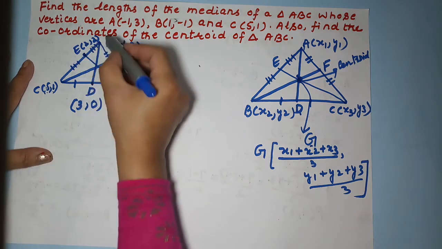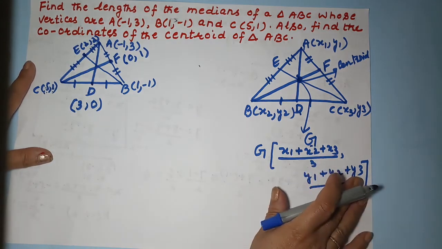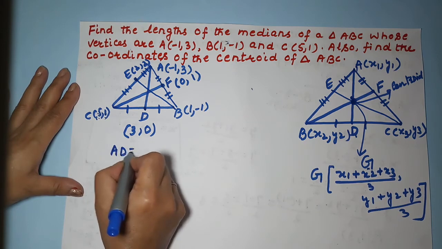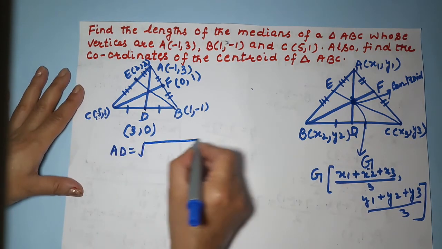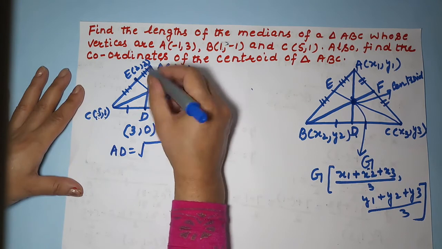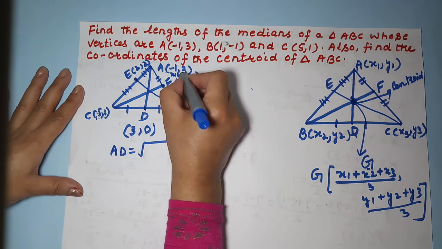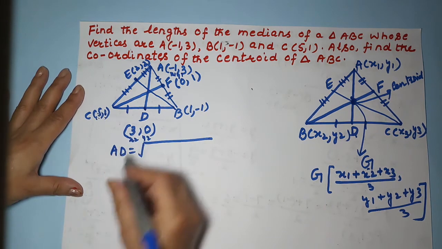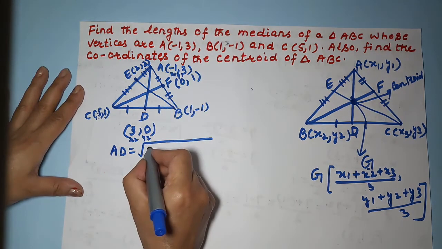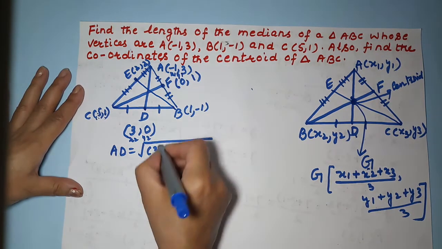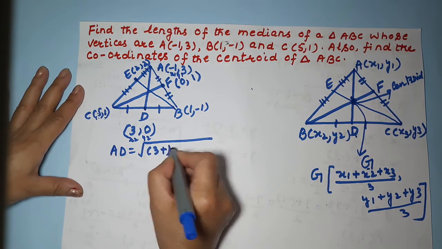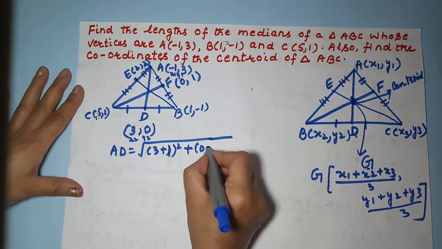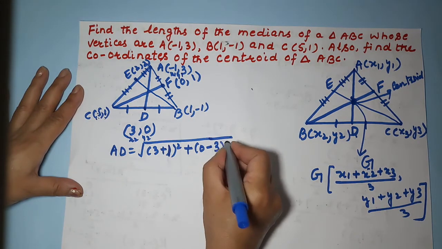Now it's easy for me to calculate the lengths of these medians. How? I can calculate the length of AD by the distance formula. Now if you consider AD, this becomes x1, this becomes y1, this becomes x2, and this becomes y2. x2 minus x1, how much is that? 3 minus minus becomes 1, plus 1, whole square, plus y2, that is 0, minus y1, that is minus 3, whole square.